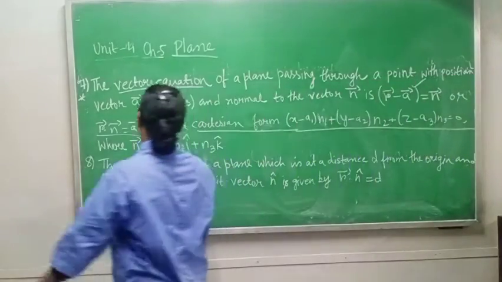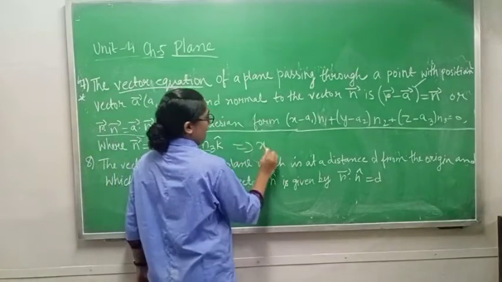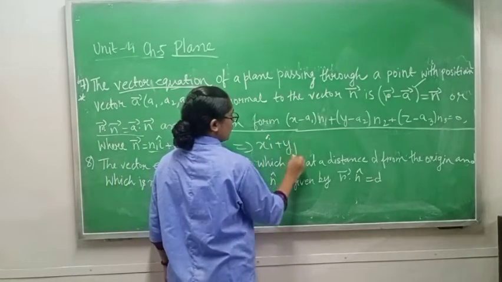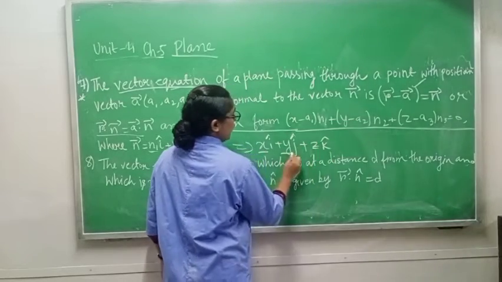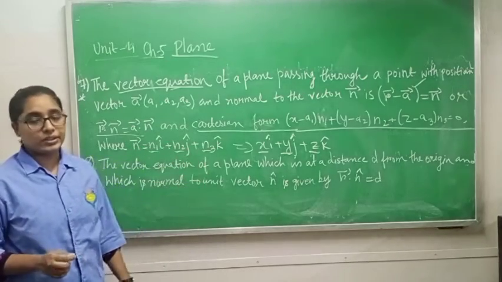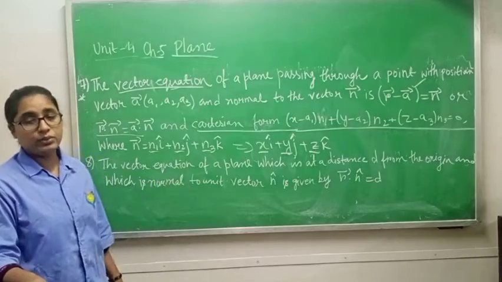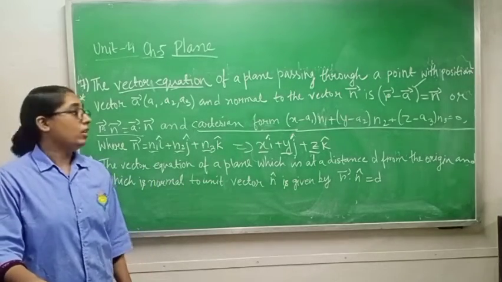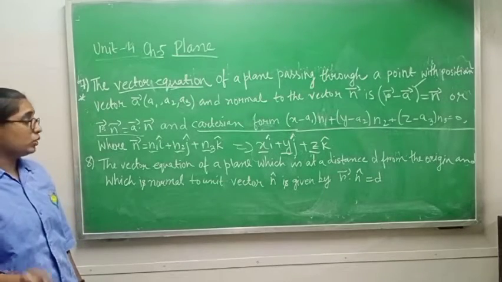Now you will ask what n1, n2, n3 are. You know this one, x i cap plus y j cap plus z k cap. x, y, z is nothing but n1, n2, n3. So in place of n1, n2, n3 you can write x, y, z when you have to make a Cartesian form. Okay, understood up to here?